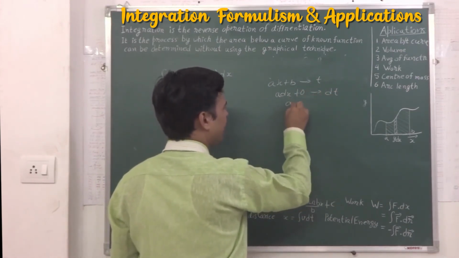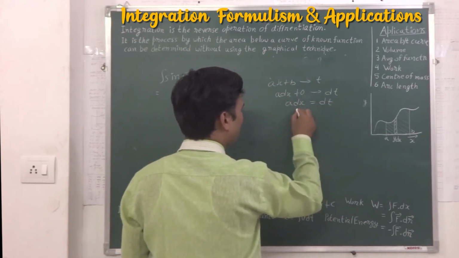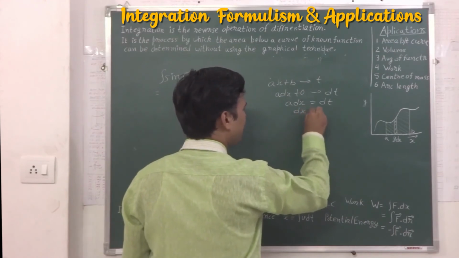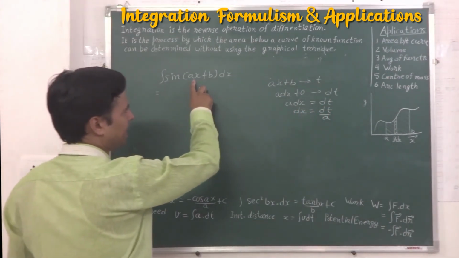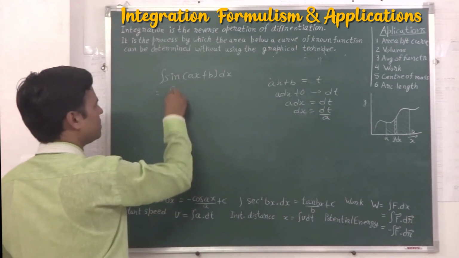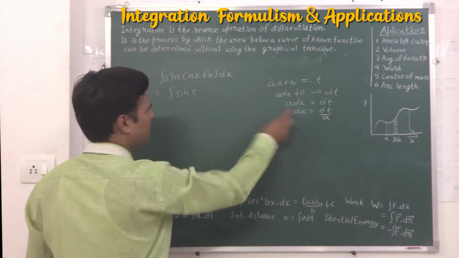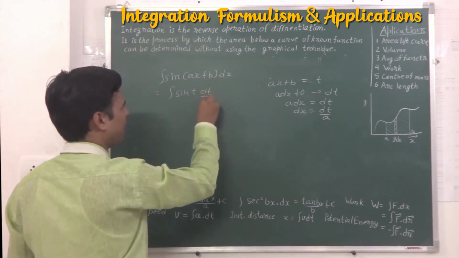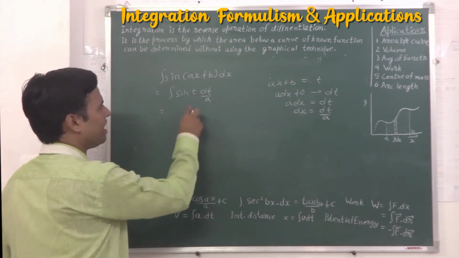Then a dx can be written as dt, so dx can be replaced by dt upon a. Then replace ax plus b by the term t, sine of t, and dx is replaced by dt upon a. This is the method of replacement to get the integral.